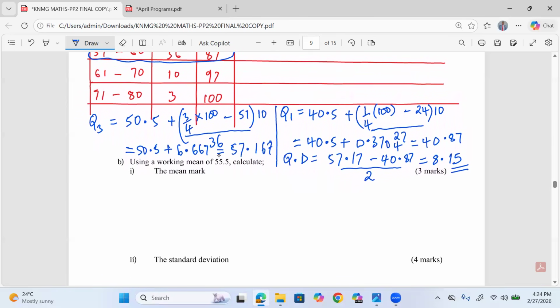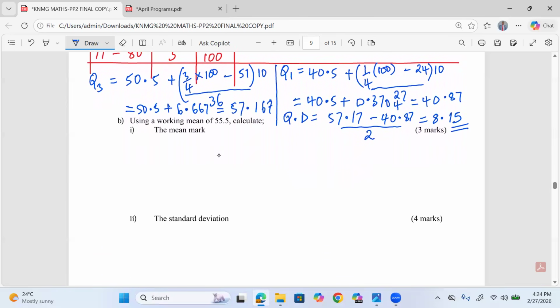So let's first know, what formula do we use to get the mean? For us to get the mean, we need the assumed mean plus the mean of all deviations. So all deviations multiplied by each frequency out of the total frequency, like that.